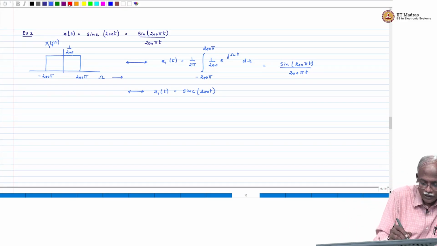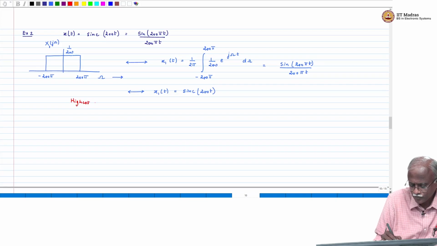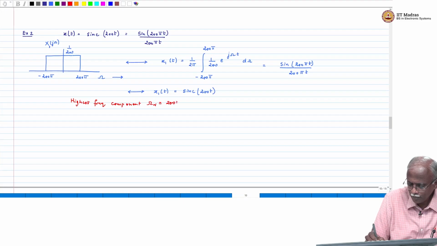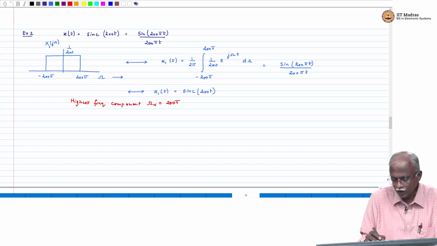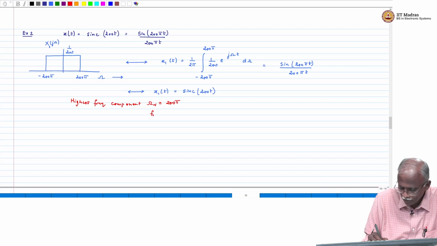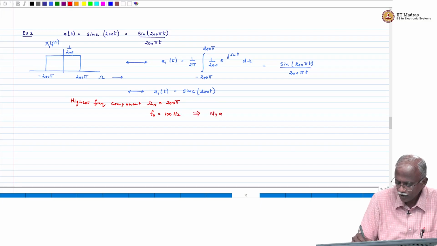So we can write down here that the highest frequency component of this signal, omega n, is equal to 200 pi, then the corresponding frequency f naught is 100 hertz, and this means that the Nyquist rate sampling frequency must be equal to 200 hertz.